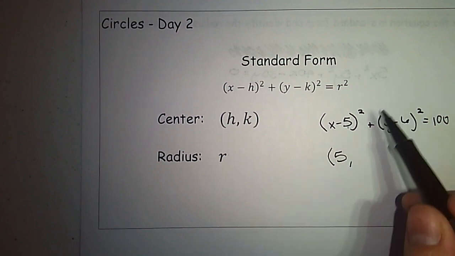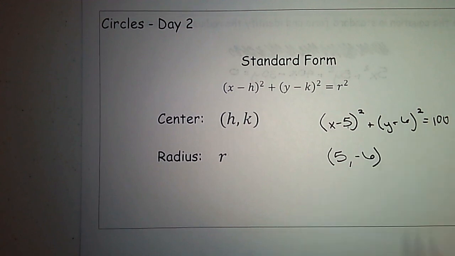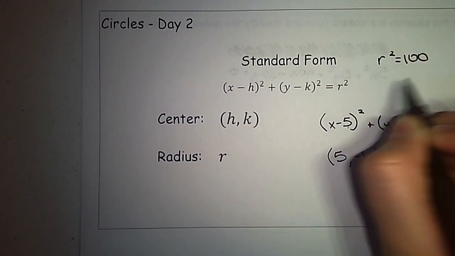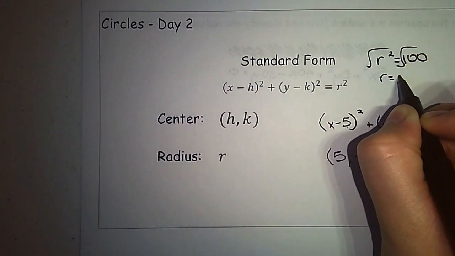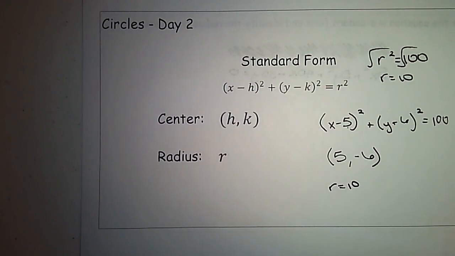And the vertical displacement, opposite of what I think again, would be negative 6. And then my radius, the square root of that, would be 10. So I have a circle with a center of (5, -6) and a radius of 10. Again, hopefully that wasn't too hard for you yesterday.